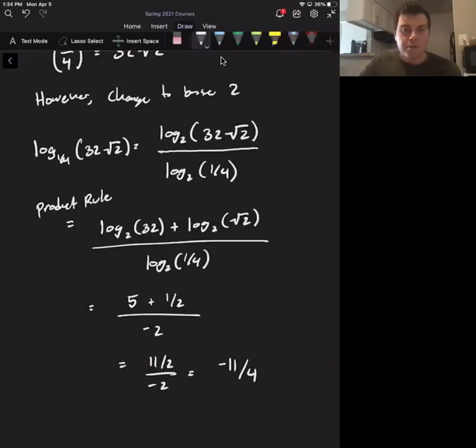So there we go. That's what our log base 1/4 of 32 root 2 is. It's -11/4. And so we were able to evaluate that by just using the change of base for the logarithm.